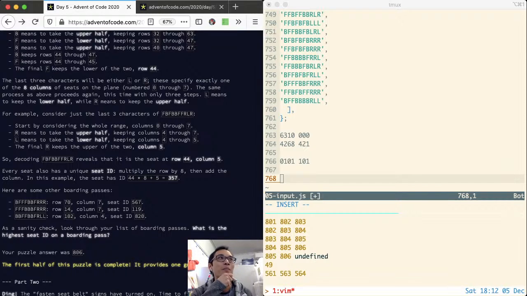The other way I want to explain this is through left shifts: how left shifting by 3 is the same as multiplying by 8, but I don't think that's helpful in any way, but maybe that helps. If that helps, you can see that if you just replace all the F's and all the L's with 0, and then all the B's and all the R's with 1, you end up with the unique seat ID down here, but with almost no work at all.